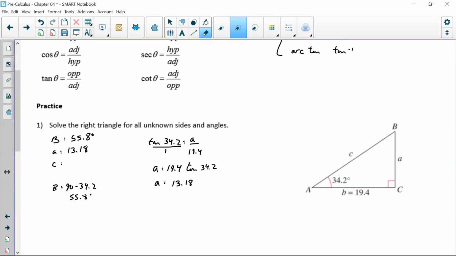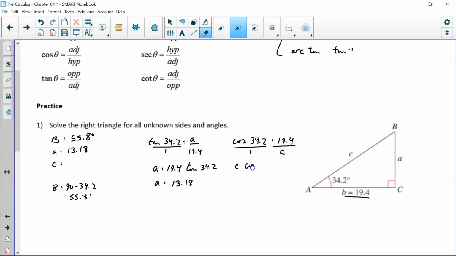Now we need to find side C. We're looking for the hypotenuse. We can either use sine or cosine. I'm going to use 19.4 because that was given to us. So cosine of 34.2 equals the adjacent 19.4 over the hypotenuse C. Put that over 1, and we cross multiply.